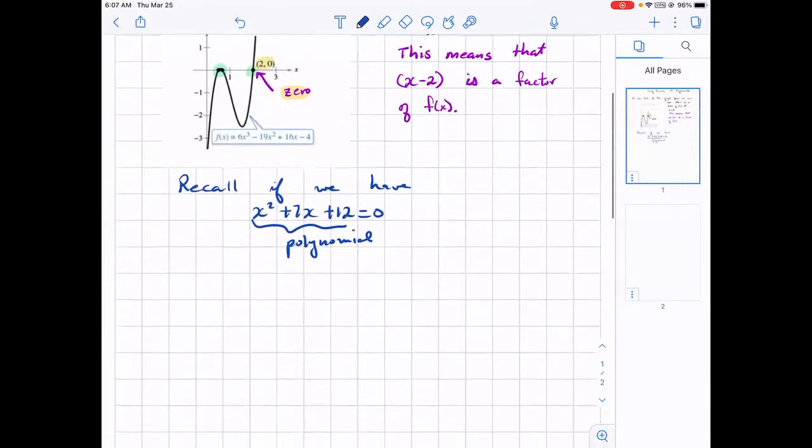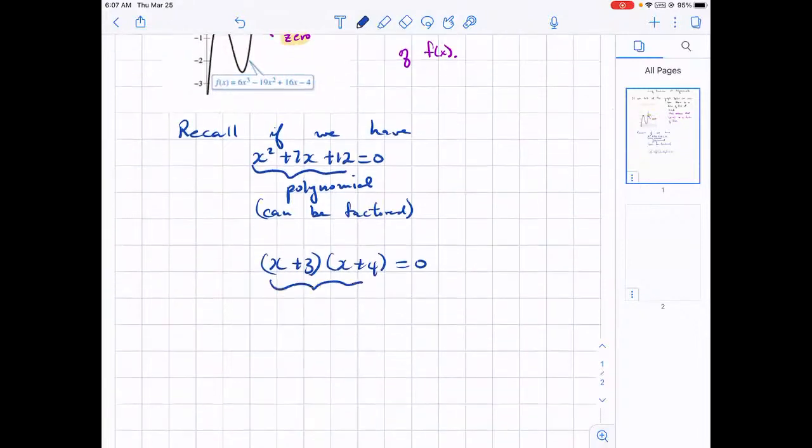This polynomial can be factored. If we factor this, we'll get x plus 3 times x plus 4 equals 0.